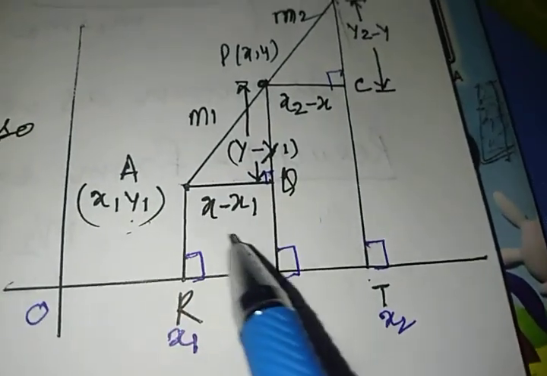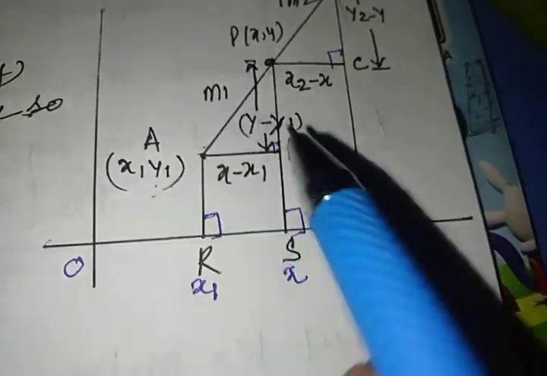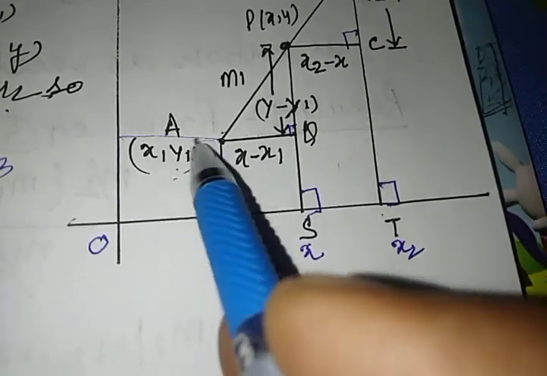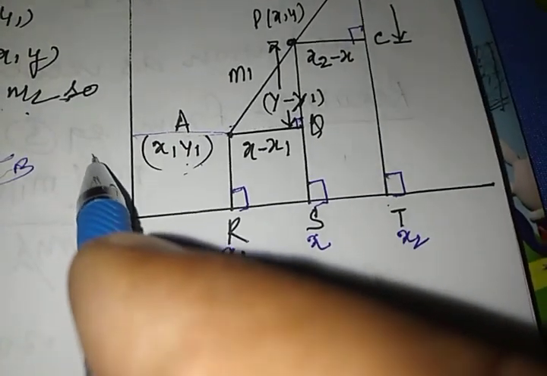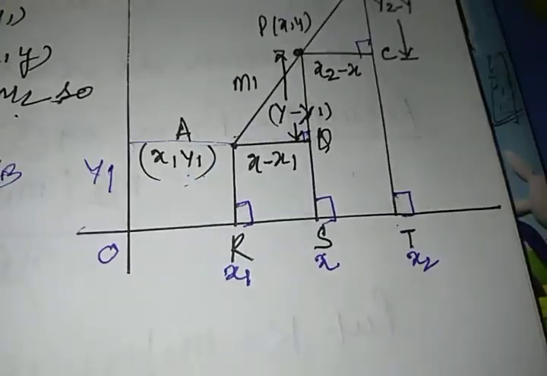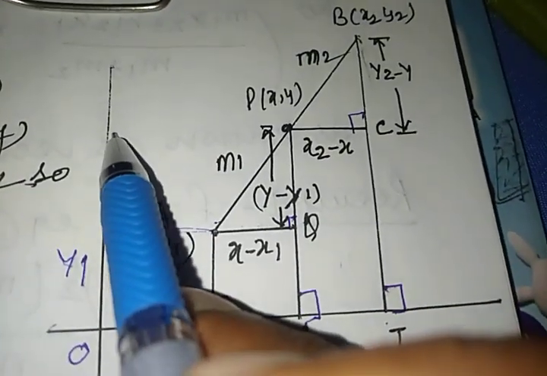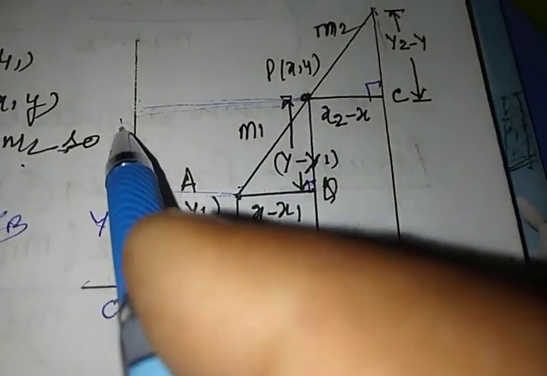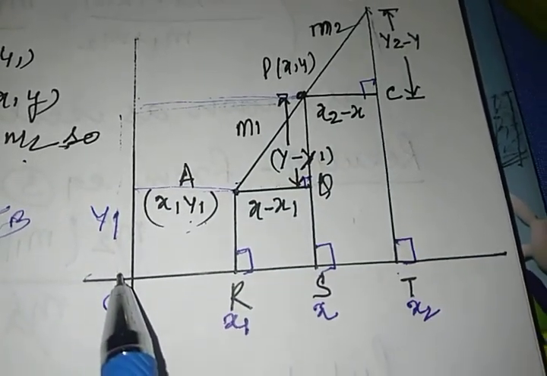Okay. Similarly, if you go for y here, this is point y1, that means this distance will be y1. And this is point y, so from here to here it will be y.